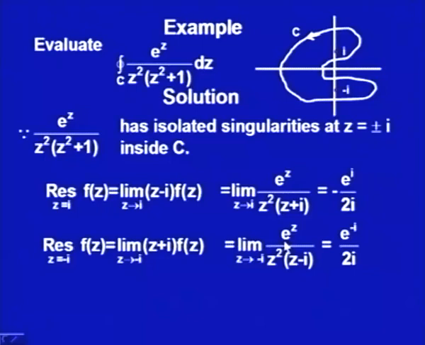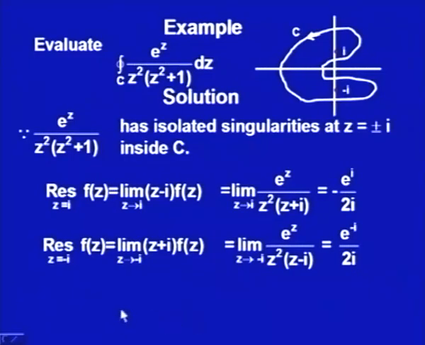The numerator is e to the power minus i. In the denominator, z square, minus i square, is again minus 1, because it is minus i into minus i, which is i square. And z minus i at z equal to minus i is minus 2i. So, I would get 2i only, because minus 1 into minus 2i is 2i. So, my limit would be e to the power minus i upon 2i.